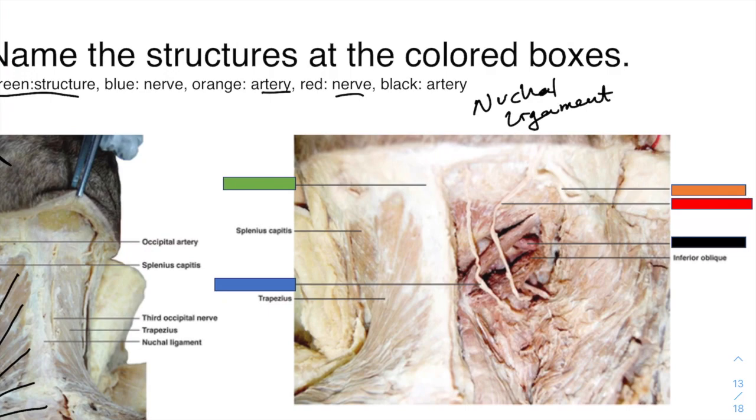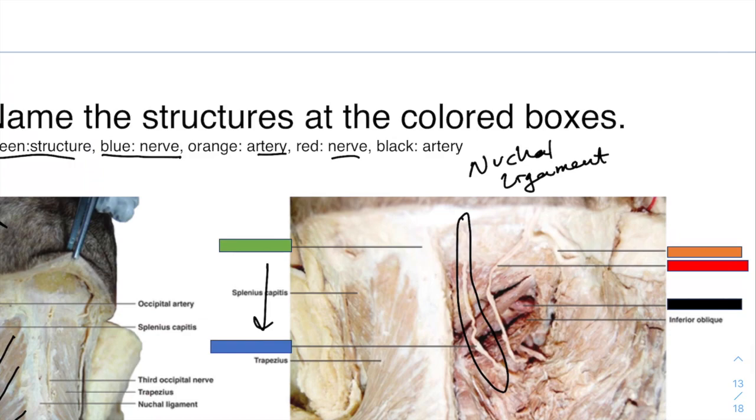If you remember earlier, now let's go on to the nerves, because that's what is said here. Blue is nerve. This other blue is nerve at the bottom. So we're asking what is this nerve right here. There are three nerves at the back of the head or back of the neck, superficially, that you had to know. If I'm drawing the midline and this is lateral, there are three that you had to know.